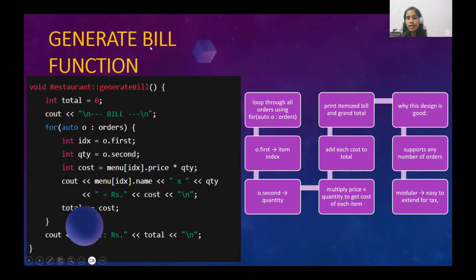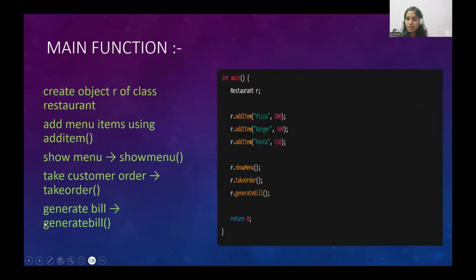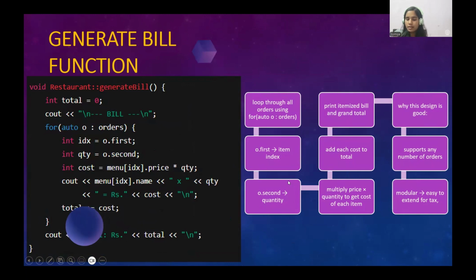Now, as we have taken the order from the user, we will be generating the bill. So we have made another function, void Restaurant generateBill, in order to generate the bill. Initially, the bill total was 0, and then it will be reading the item index and then the quantity.